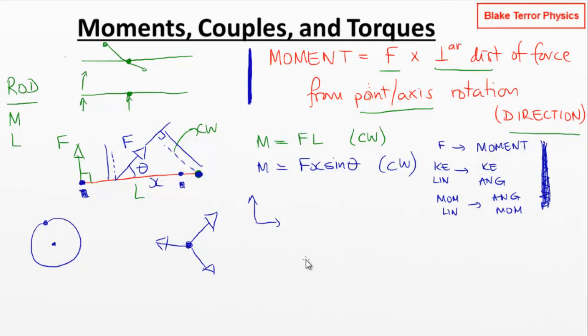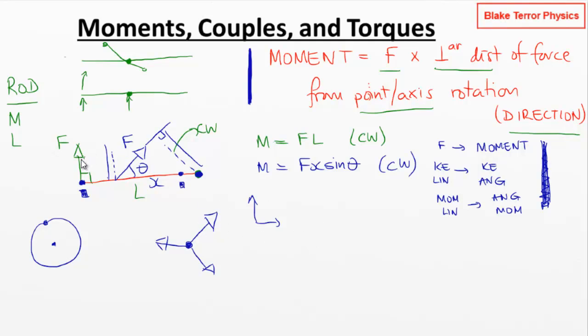It's not moving anywhere, it's not accelerating, because we know from Newton's laws that if there's no net force, then there's no acceleration. So the object is in equilibrium. It's either not moving or it's just moving at a constant velocity.